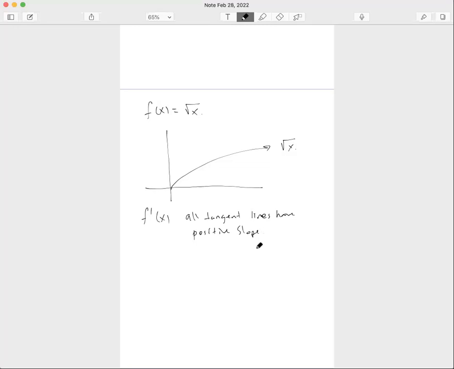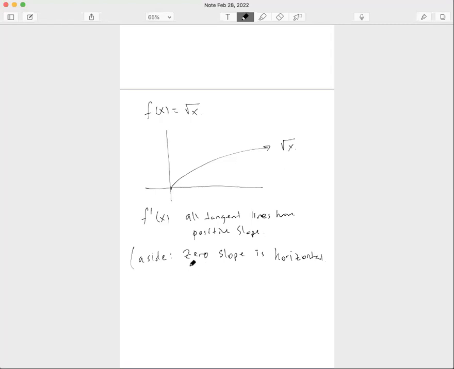By the way, while we're here, what is 0 slope? Yeah, 0 slope is horizontal, right? So things that are constant functions are 0 slope functions.